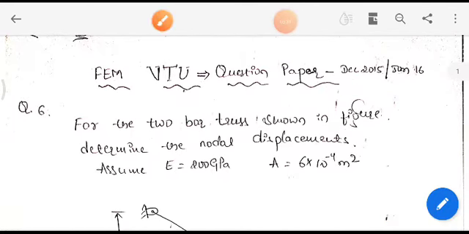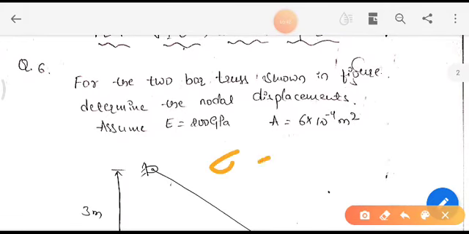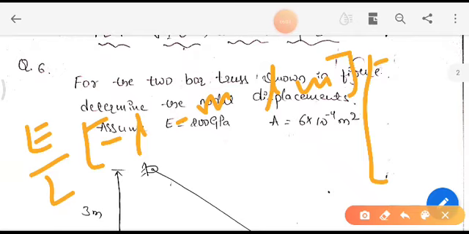Apart from this, we can also calculate the stresses, using the formula E by L, minus L minus M, L M, multiplied by u1, u2, u3, u4.